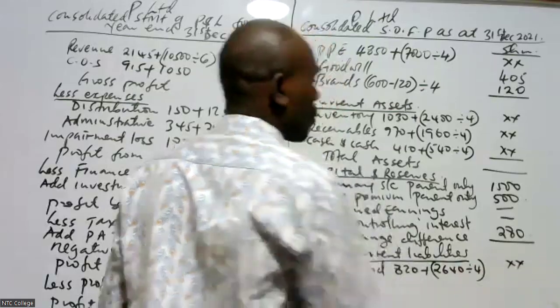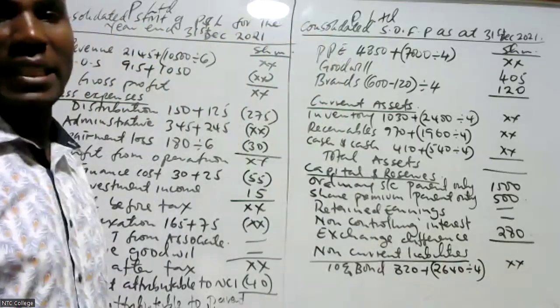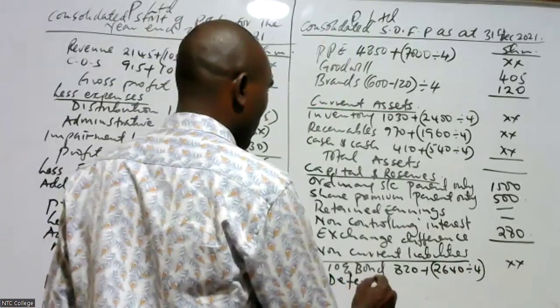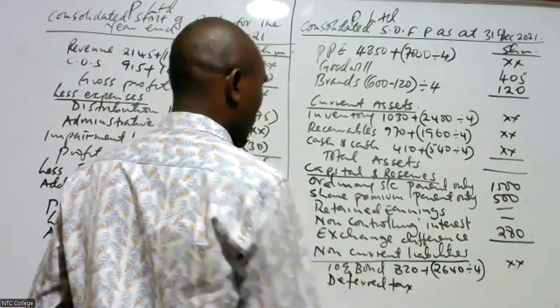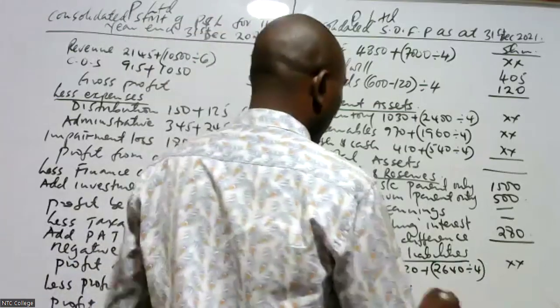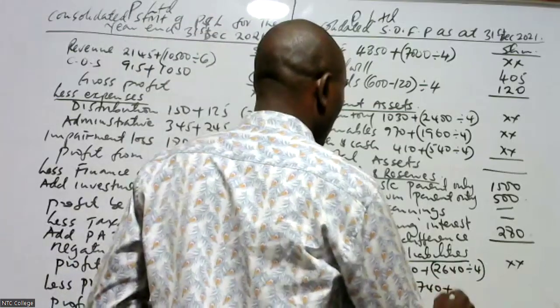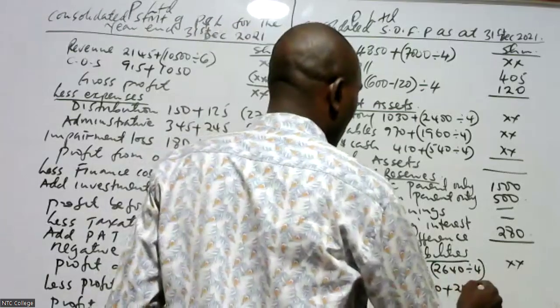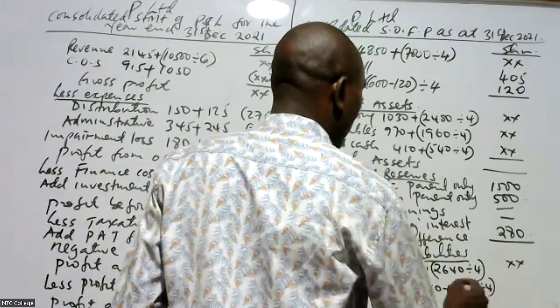Assets and liabilities you divide by use closing rate. Then we come to deferred tax. Deferred tax 740 plus the one for the subsidiary, 2160 divided by 4.